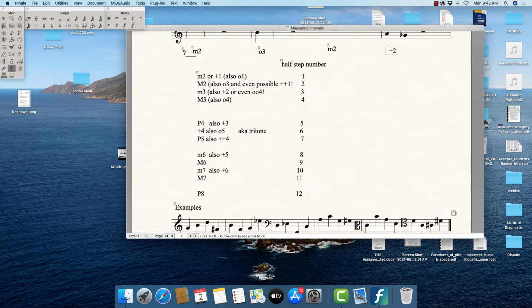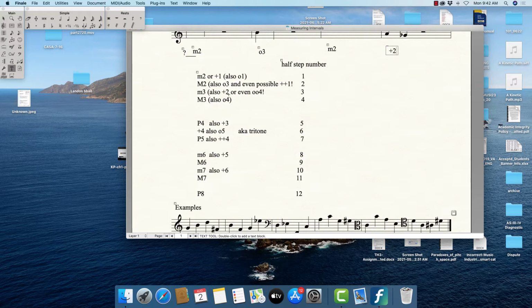A major second typically has two half steps, and we showed you already the possibility of a diminished third being the same sound, right? Two half steps, and even possibly a doubly augmented unison, if you augment something twice.